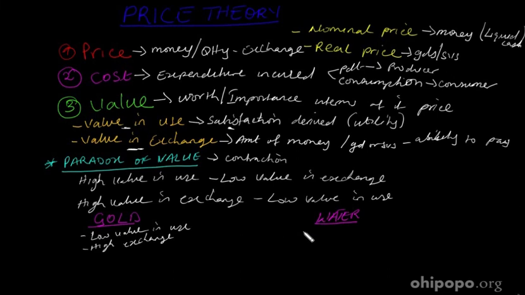But water has a very high value in use, but tends to have a very low exchange value. So it is a contradiction, because normally a good that has high value in exchange must automatically have high value in use. But we have seen a contradiction here, where gold has a very low value in use but high value in exchange, and water has a very high value in use but a very low value in exchange.